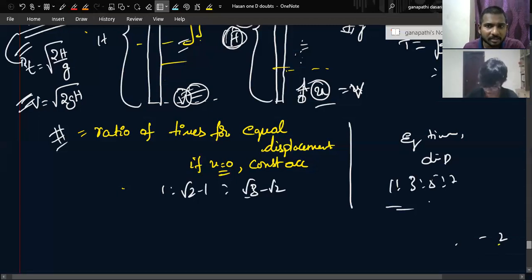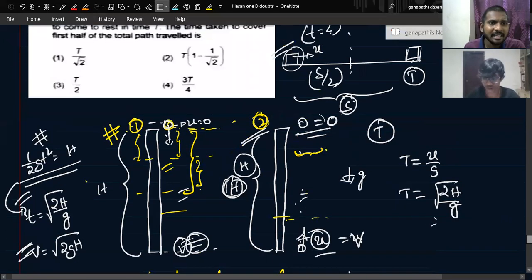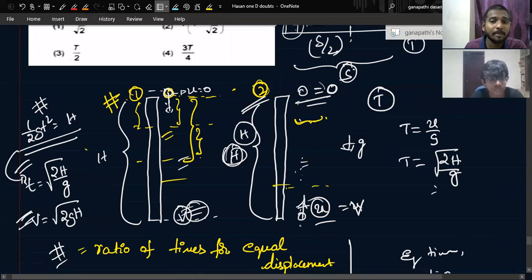So you see this question. Here the case is somewhat of the second kind, where the body is thrown upwards with a velocity, not dropped downwards with a velocity as in the first case. The given question is relevant to this second type. Body is thrown with velocity u, slowly it gets retarded, and finally it becomes 0. What is the time taken for the first half?